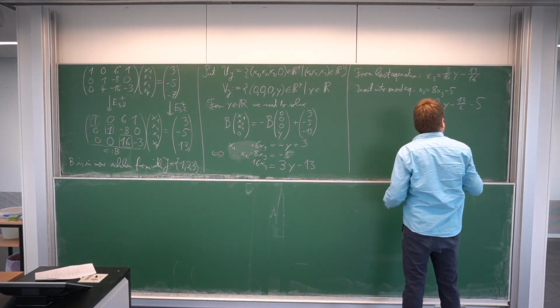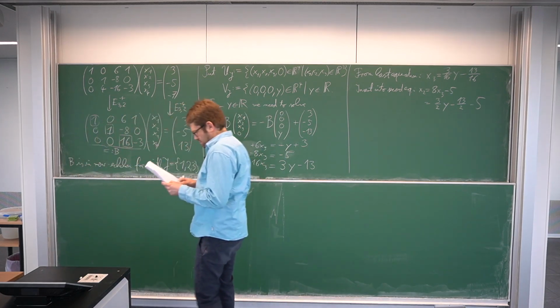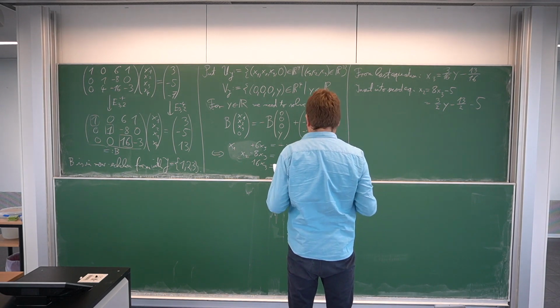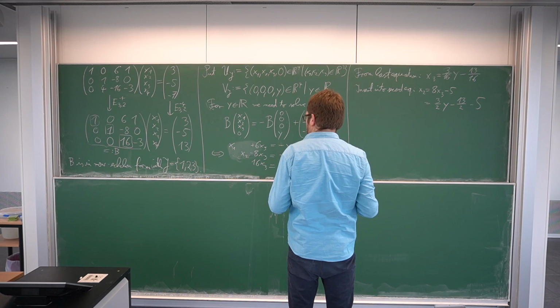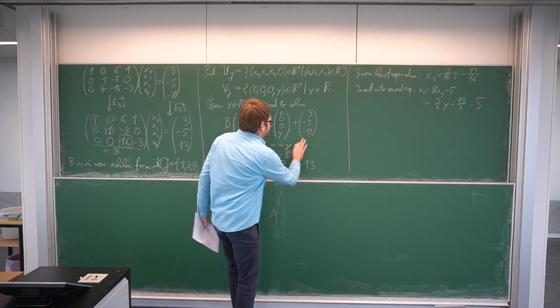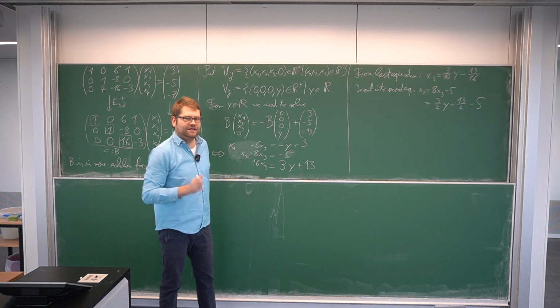Now I'm slightly confused. Sorry, I made a mistake with the signs. Here it's a plus. Sorry, I was a bit confused because I had remembered different numbers. There was a plus.